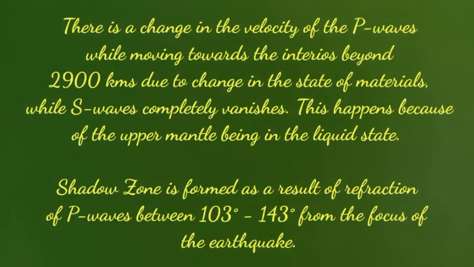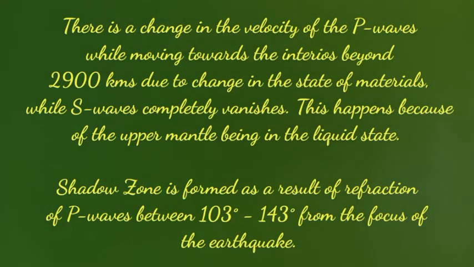There is a change in its path and in the velocity, which results in the formation of a shadow zone. The shadow zone is a zone which remains unaffected by the earthquake and is located between 103 degrees to 143 degrees from the focus. This refraction also gives an idea of the inner core being composed of heavier materials.